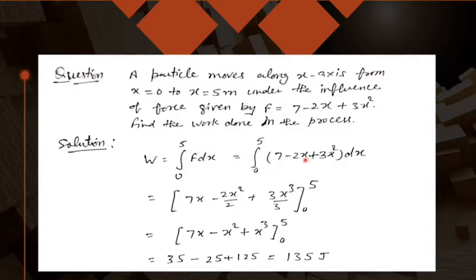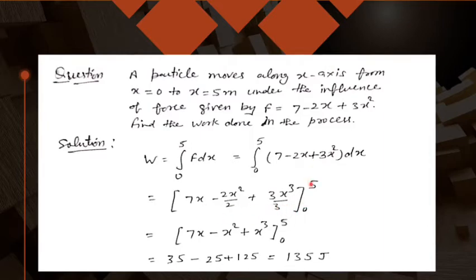Integration of x power n is x power n plus 1 divided by n plus 1. So the integration of x becomes x square by 2, and the integration of x square becomes x cube by 3. The numerals 2 and 3 remain as such, because constants in multiplication you always take out.